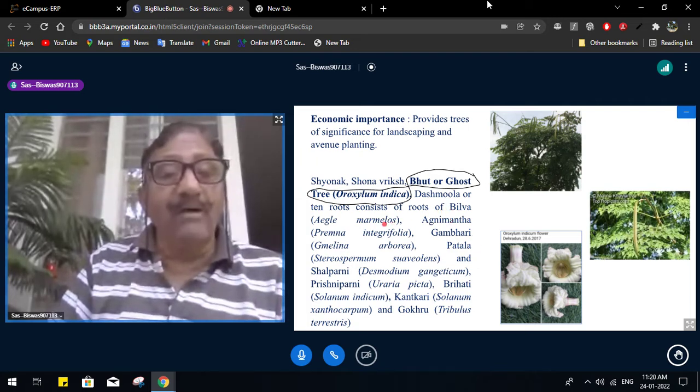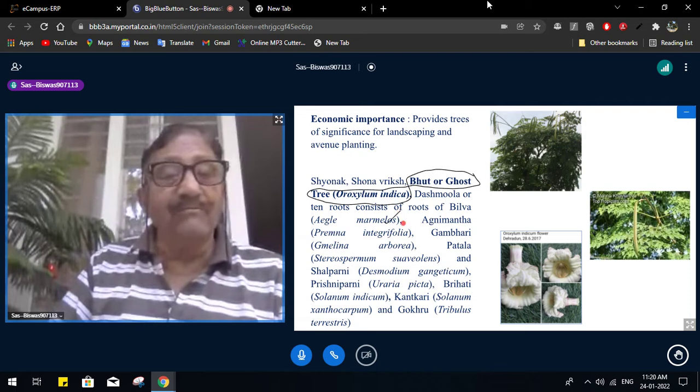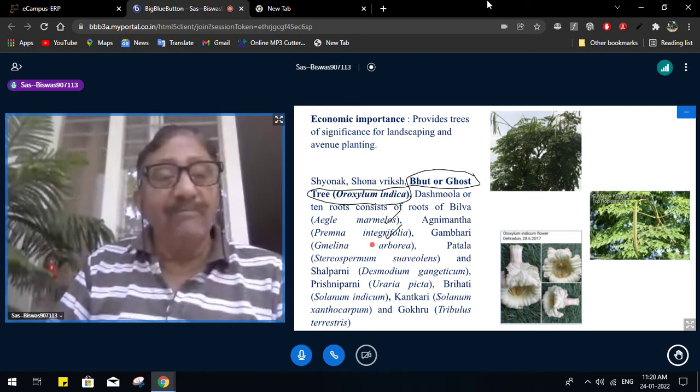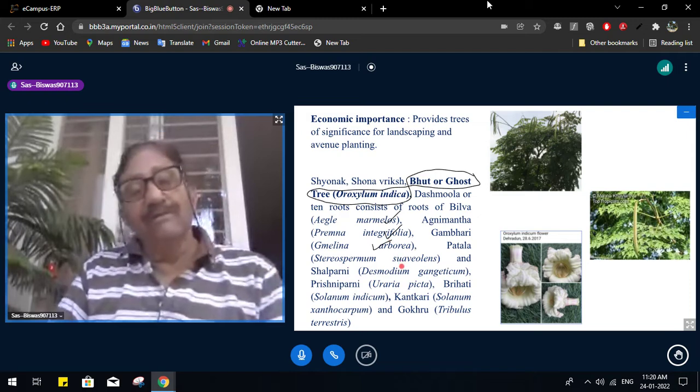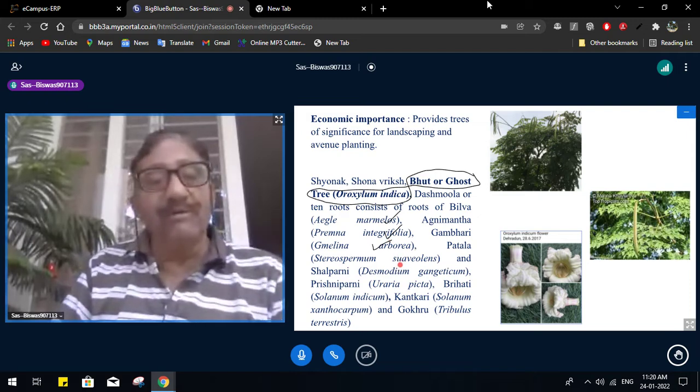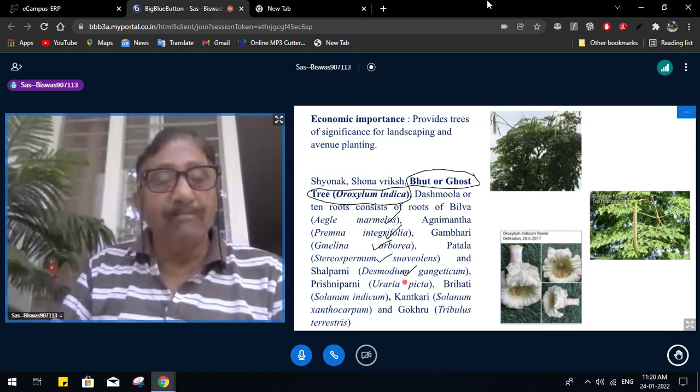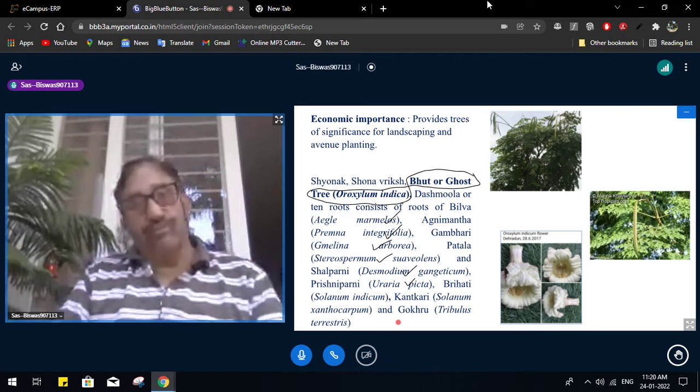One is Aegle marmelos, which is a Rutaceae member. Premna is a Verbenaceae member. Gmelina is a Verbenaceae member. Then along with Oroxylum, which is a Bignoniaceae member, and Fabaceae, and these families are not in your syllabus.